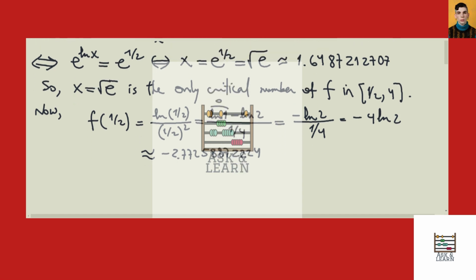Okay, now f at the other endpoint, that is at the right endpoint, is 4, and that is natural logarithm of 4 over 4 squared.